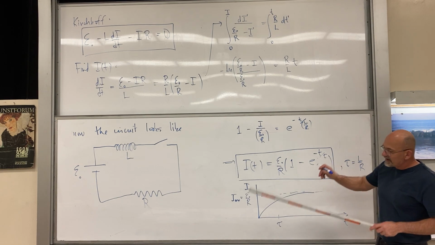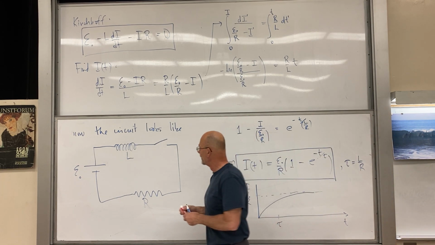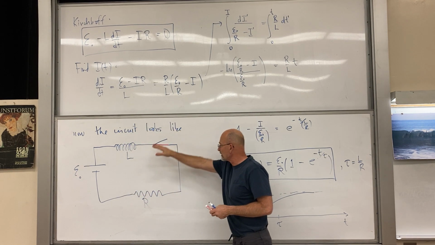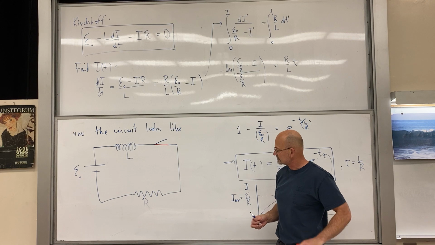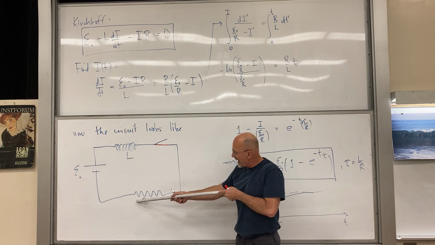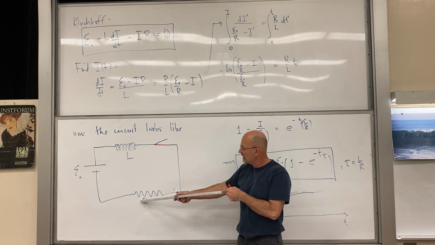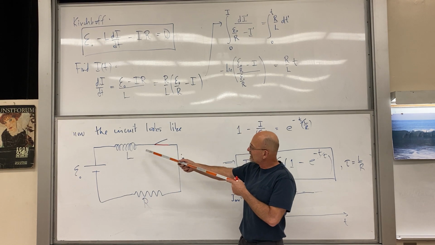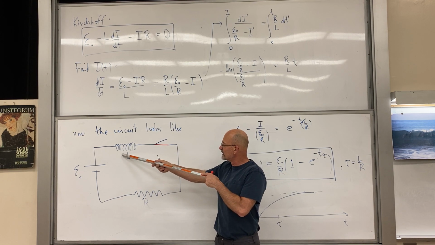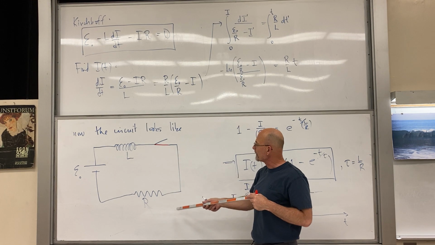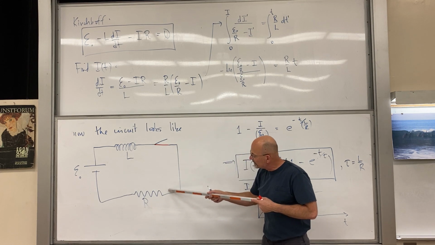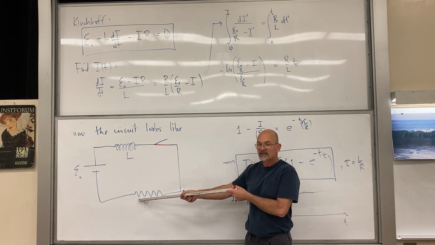So the final result of this, with the current flowing through here, is that there's power going to the resistor, but we're going to see some work had to actually be done to charge up this self-inductance, this inductor. But the power dissipation, energy dissipation, is still due to the resistor.